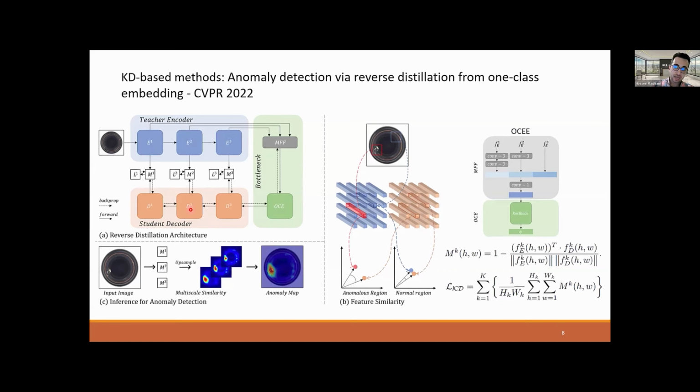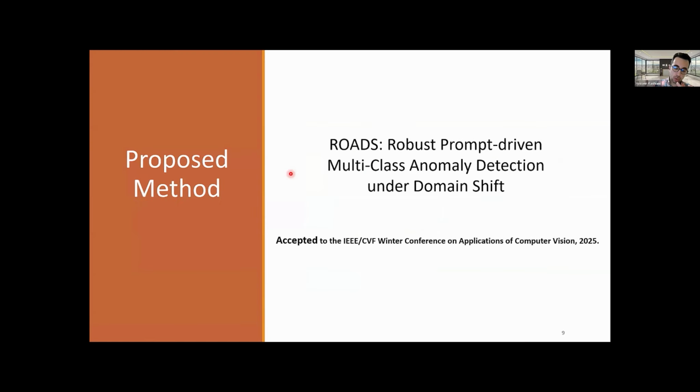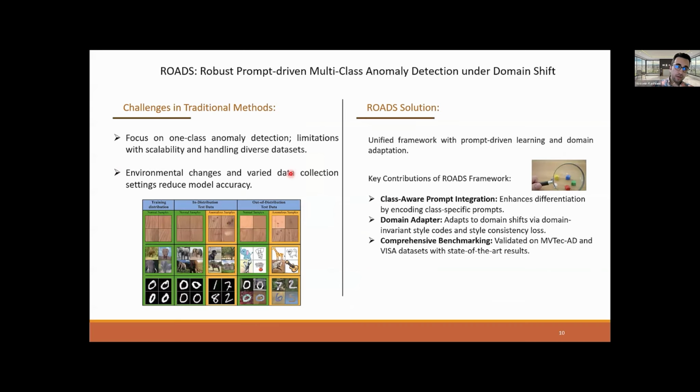For each class, for each object, we need to save the weights of a student and this bottleneck independently. And we do not have one all-in-one anomaly detector. We want to address this issue. Now let's go to my proposed method, which has two goals. The first goal is the thing that I already explained.